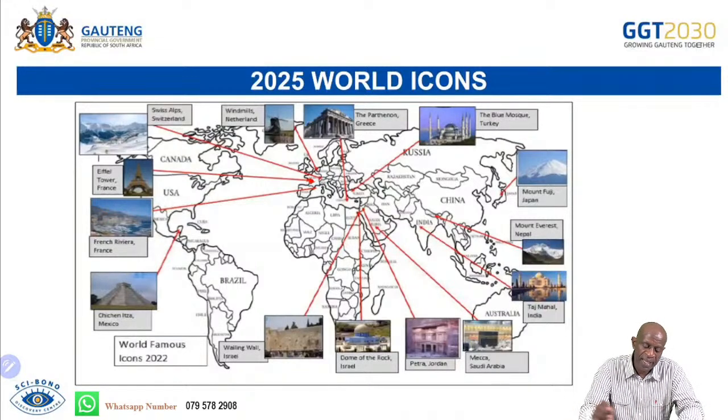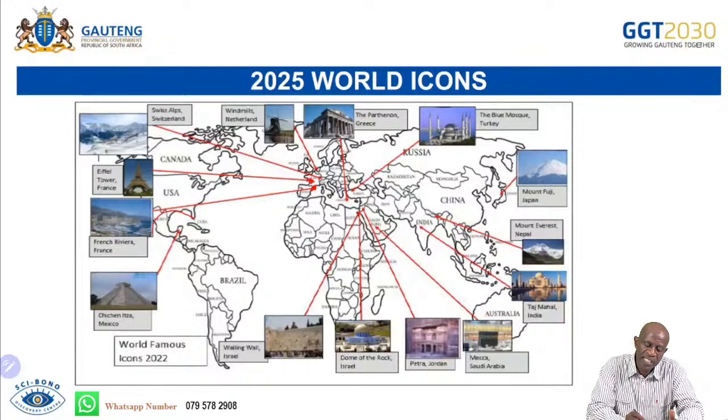So, other than that, still in France, you have the French Riviera just underneath the Eiffel Tower.